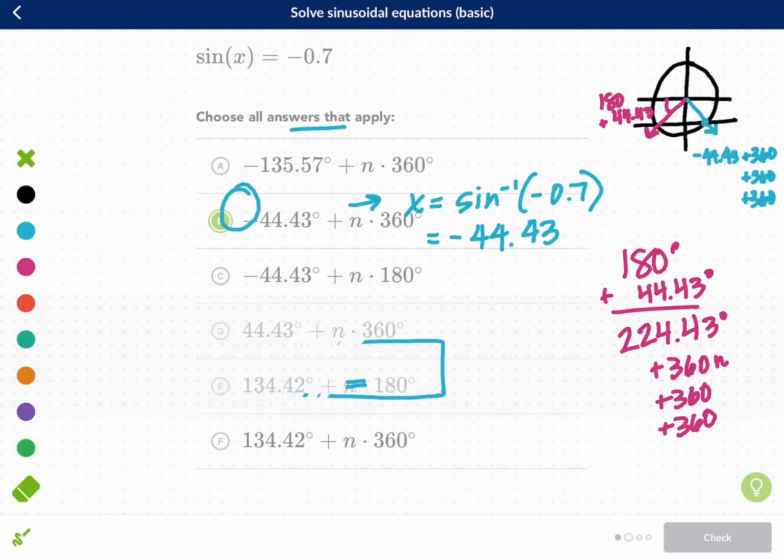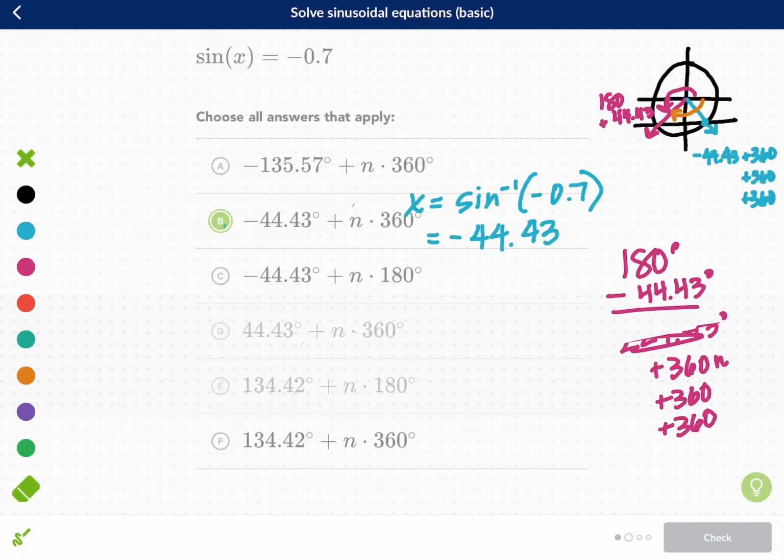So if I know that I'm in the right place, I have that correct marking right there, we could write it instead as a negative angle. Meaning instead of thinking of it going this way, we actually think of it going this way, which instead of adding that 44.43, we would be subtracting that 44.43, because we would just be 44.43 shy of 180.